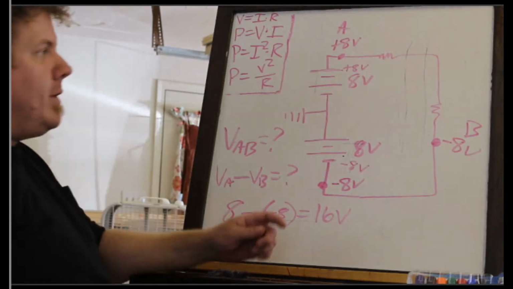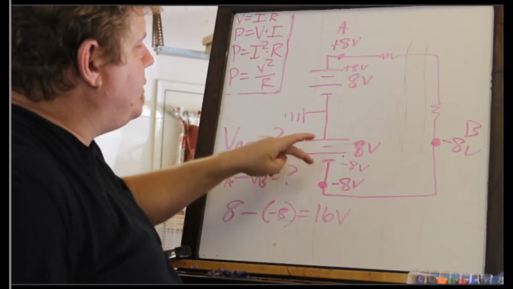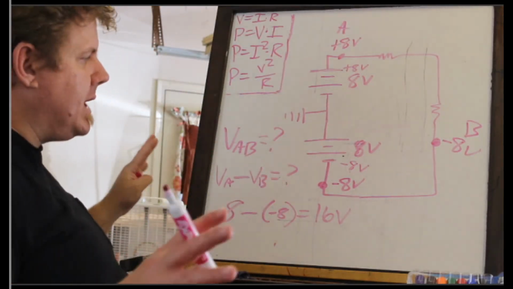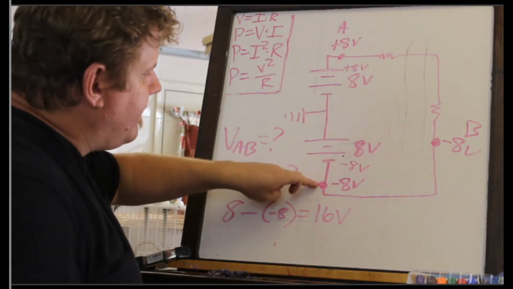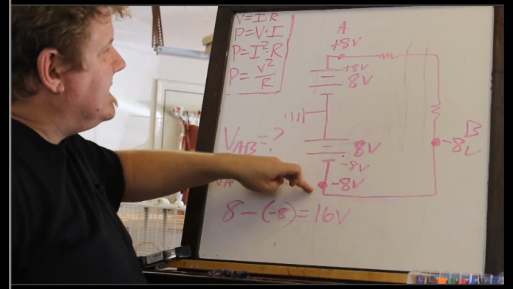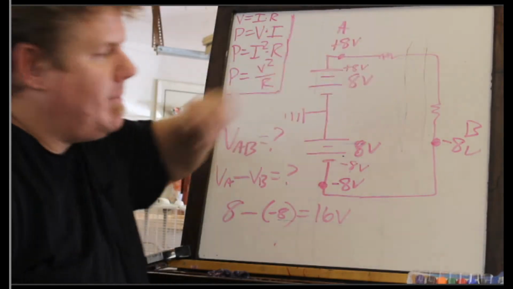Okay. However, the node voltages are going to reflect this being positive 8 and this being negative 8. But I still have 16 volts total. Remember, I'm going from negative 8 up to positive 8. That is a 16 volt increase. So I have 16 volts that need to dissipate between these two.